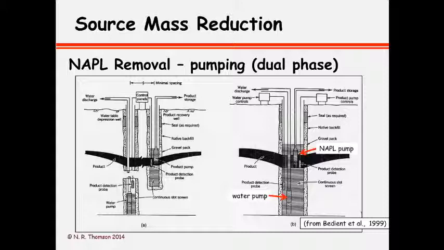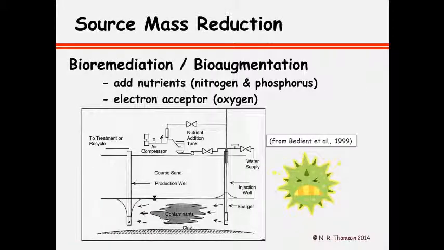Clearly, this is the best way to remove mass from the aquifer. Another way to remove mass from the source area is through bioremediation or bioaugmentation. That involves adding nutrients and electron acceptors to the source zone. I think you'll hear more about this by some other speakers.